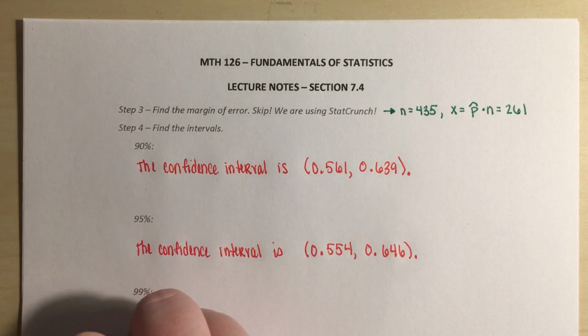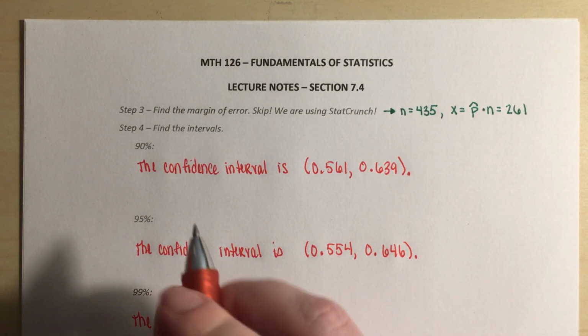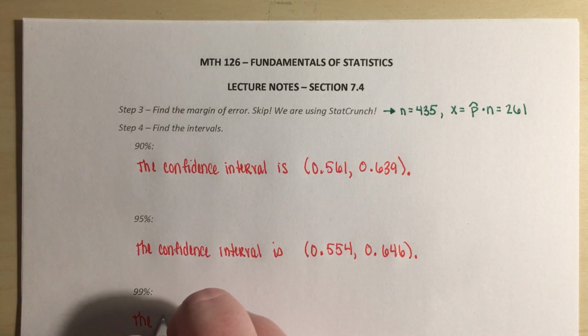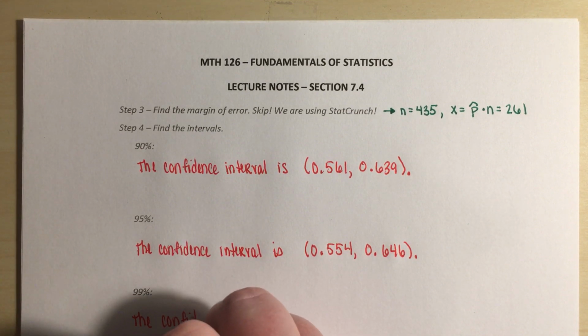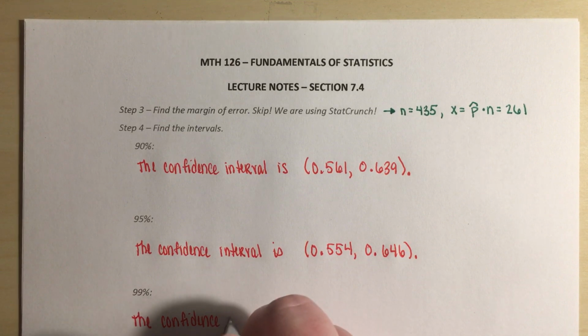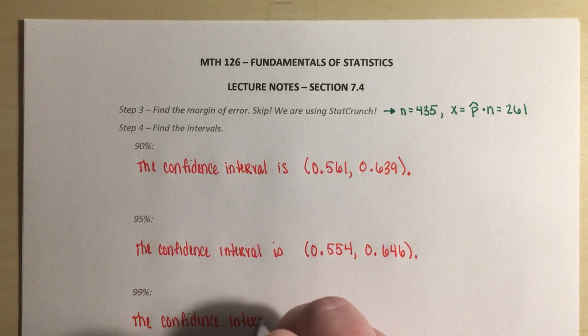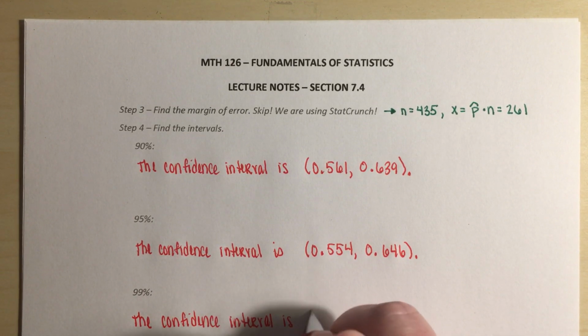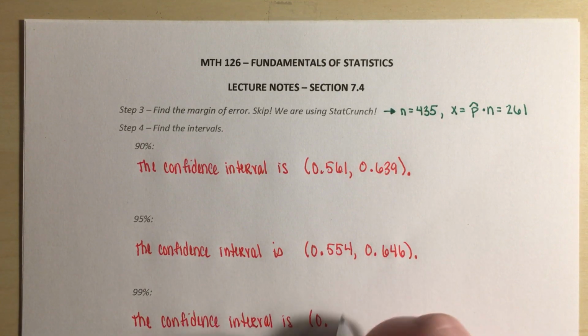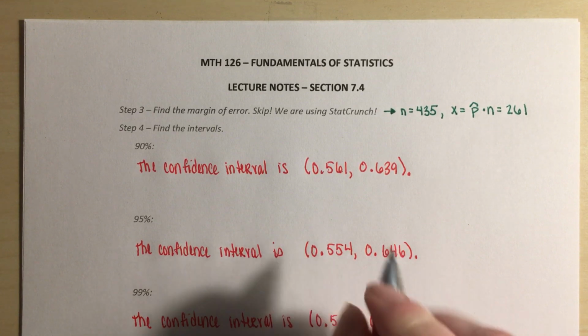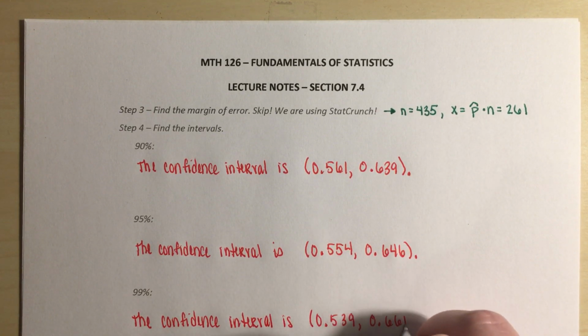For 99%, the confidence interval is 0.539 to 0.661.